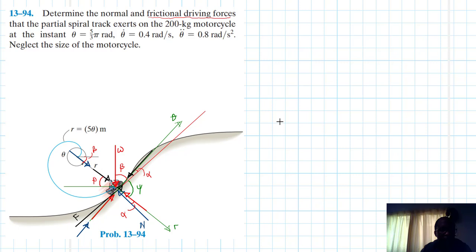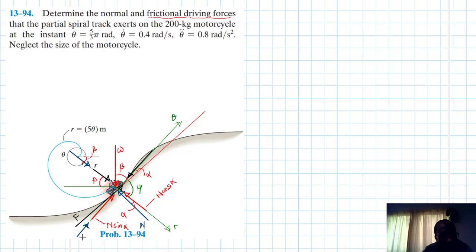Let's start labeling them, starting with n. We said it has two components. This one we are calling n cos alpha, and this one here is n sine alpha.